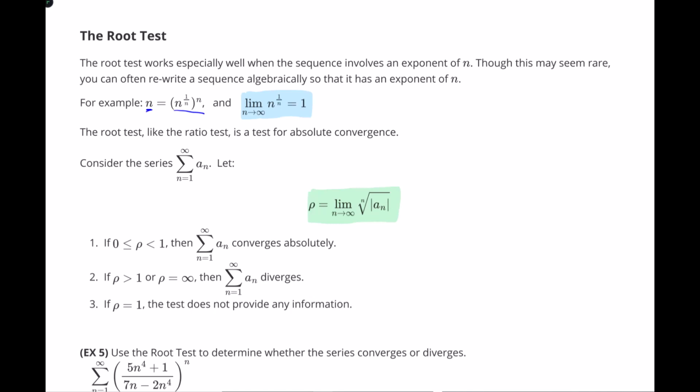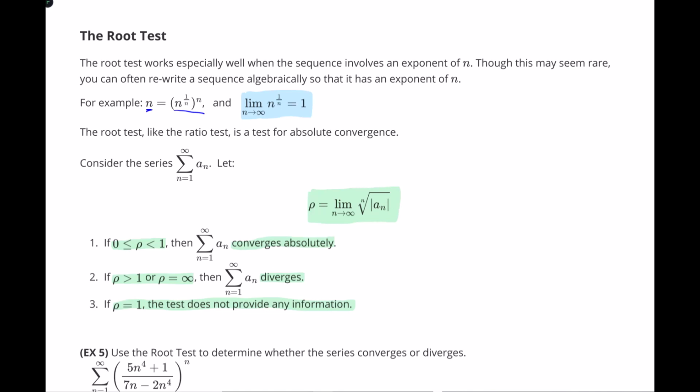If that limit is between 0 and 1, then the series converges absolutely. If it's greater than 1 or infinite, the series diverges. And then if that limit is equal to 1, the test fails, does not provide any information. So very similar to the ratio test in that respect.